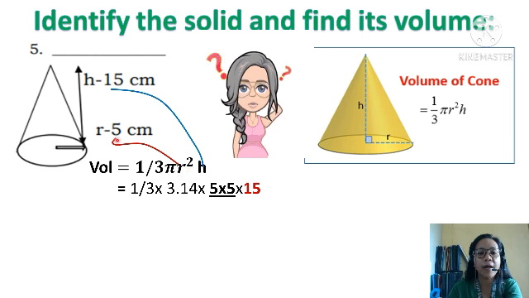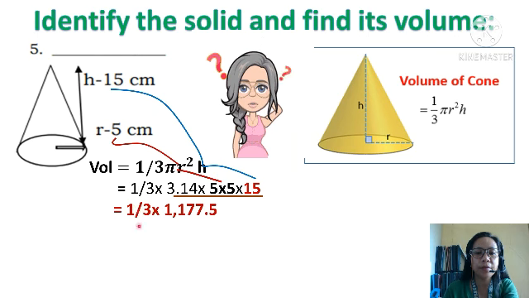Okay? So, what is the answer now? Ibaba natin si 1/3 because that is fraction. So, ang sagot ng 3.14 times 5 times 5 times 15 is 1,177.5.